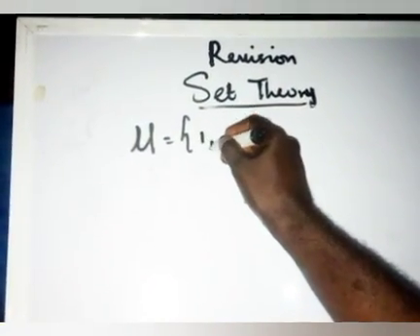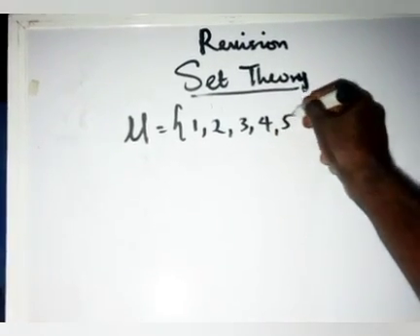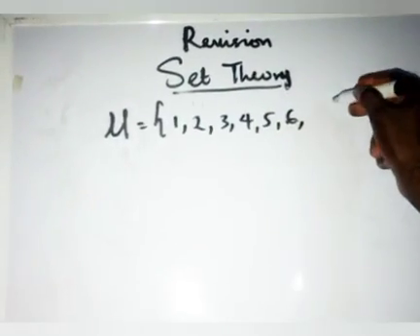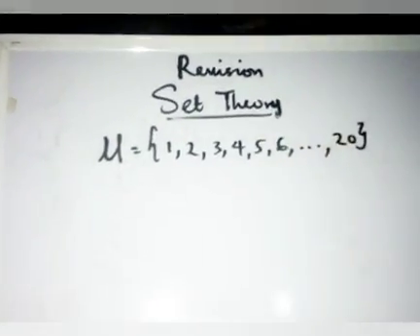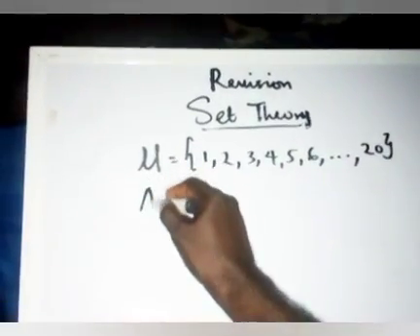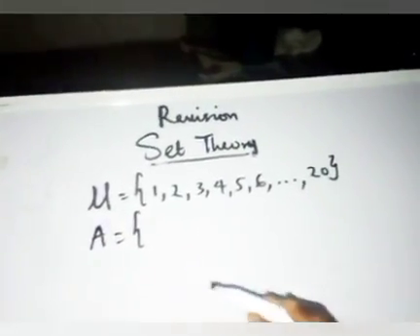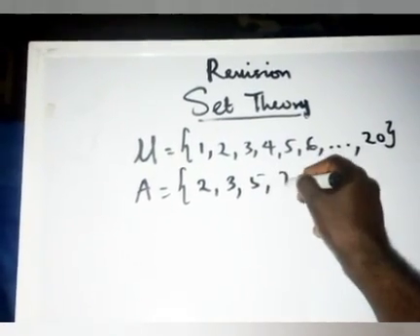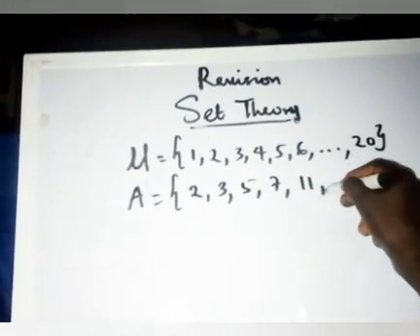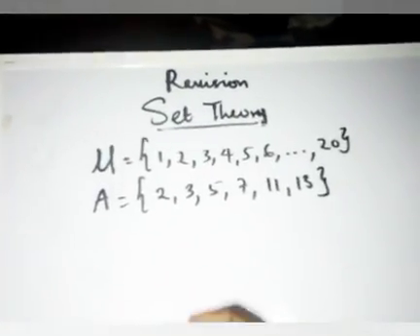So you are listing numbers from 1 to 20: 1, 2, 3, 4, 5, 6, continue up to 20. Then A consists of prime numbers less than 15. Prime numbers include 2, 3, 5, 7, 11, and 13, since it is less than 15.